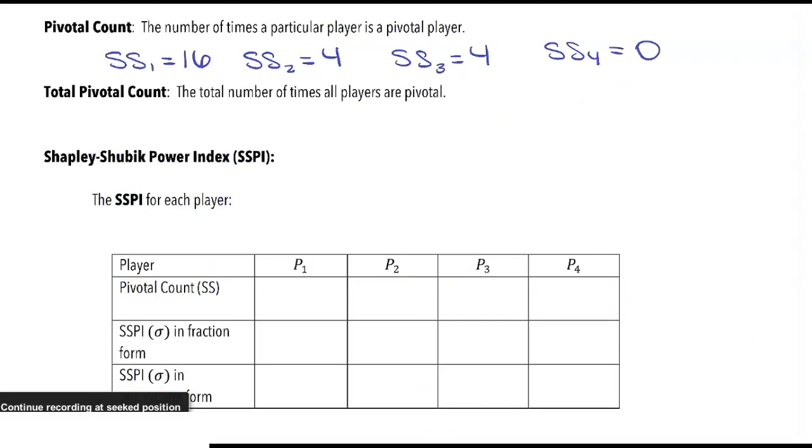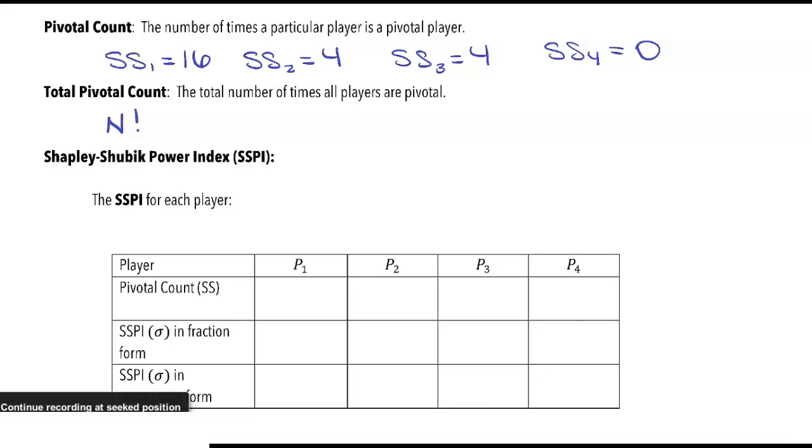Now that we have the pivotal count for each player, we can calculate the total pivotal count. Think about what this is. There's one pivotal player for every sequential coalition. There's also n factorial sequential coalitions. So every time the total pivotal count is equal to the number of sequential coalitions, or n factorial.